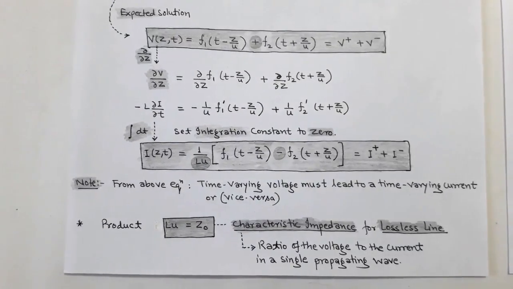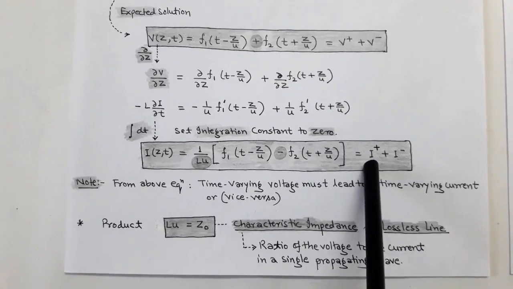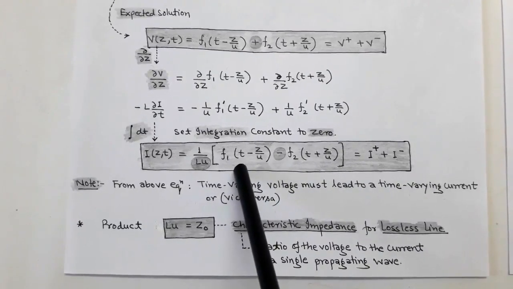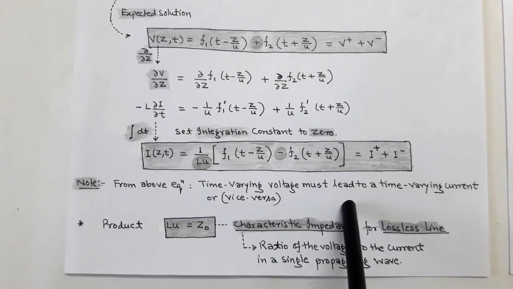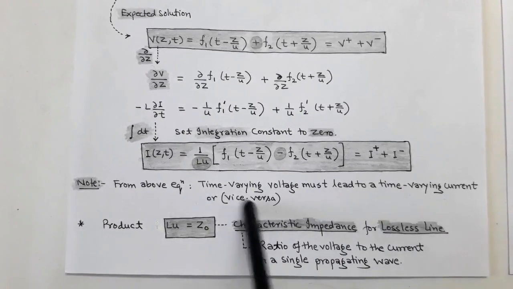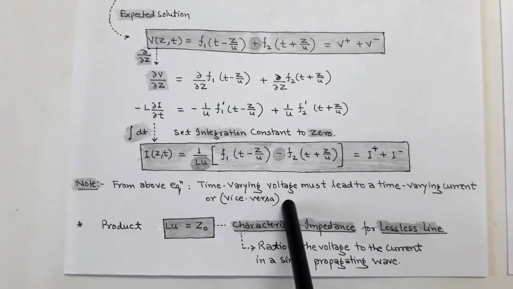This current equation is a combination of I plus and I minus, where I plus is called the forward current component and I minus is the backward current component. So from the expected solution, the voltage function, we get the current function.